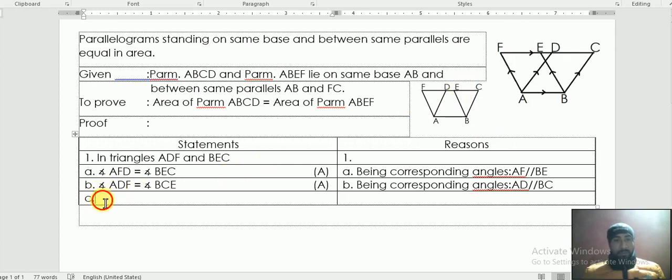Let's write it here. The reason is, being opposite sides of a parallelogram.